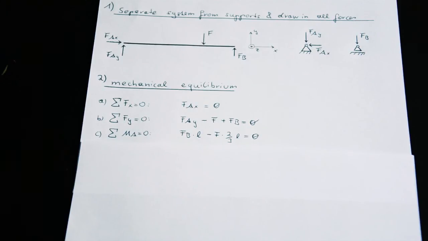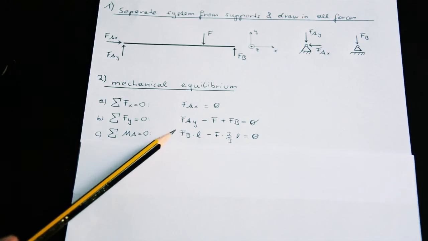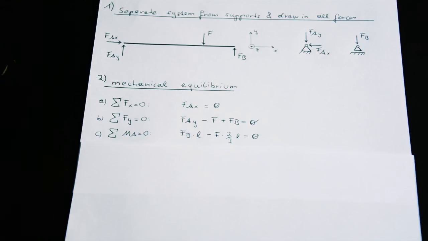Yeah? Actually, I want to say that the sign of the moments does not matter. The only thing you have to be careful about is that if two moments rotate the same direction, they need to have the same sign in front, and if two moments rotate the opposite direction, they need to have a different sign in front. Okay, this is the only thing.